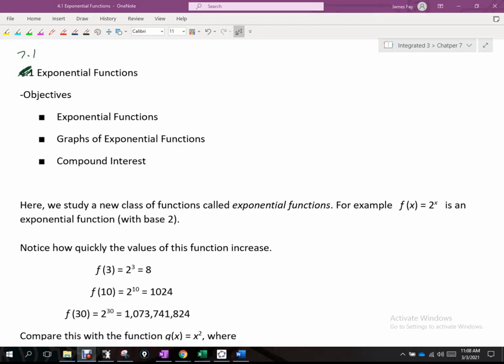So radioactive decay, the way it works, like if I have like carbon-14, let's say I have 100 milligrams of carbon-14. It takes close to 6,000 years for carbon-14 to go through what we call a half-life, which basically means if I have 100 grams, it's going to take 6,000 years for it to decay and turn into 50 grams.